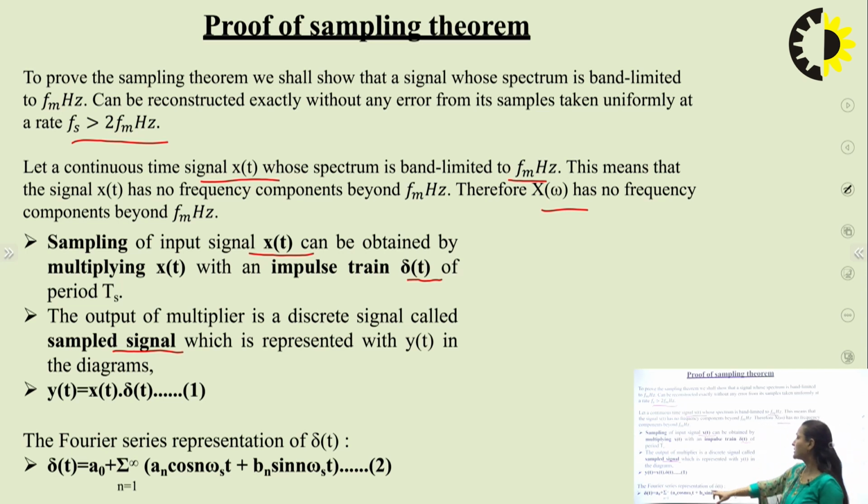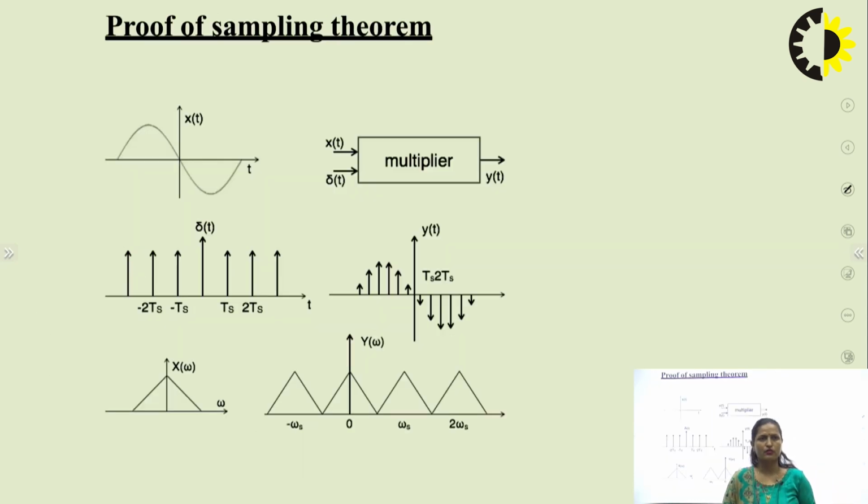The Fourier series representation of delta(t) is a0 plus the sum from n equal to 1 to infinity of an cos(n omega s t) plus bn sin(n omega s t). This expression we will use.